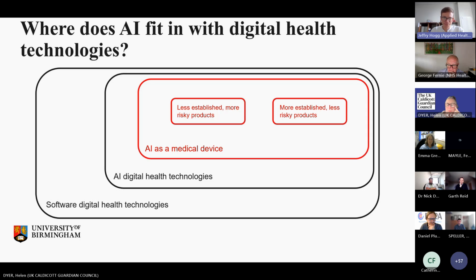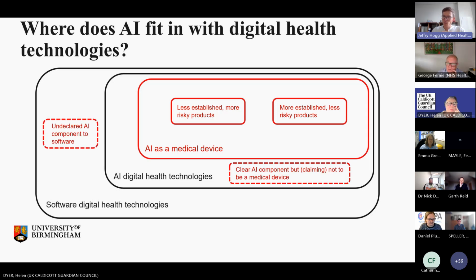And if we go to the next slide, it's also worth understanding that things aren't always entirely as they appear, and that's not necessarily because of any malintent by any actors involved, but sometimes there are AI digital health technologies, if we look at the dashed red box in the AI digital health technologies, that situate themselves outside of that medical device line.